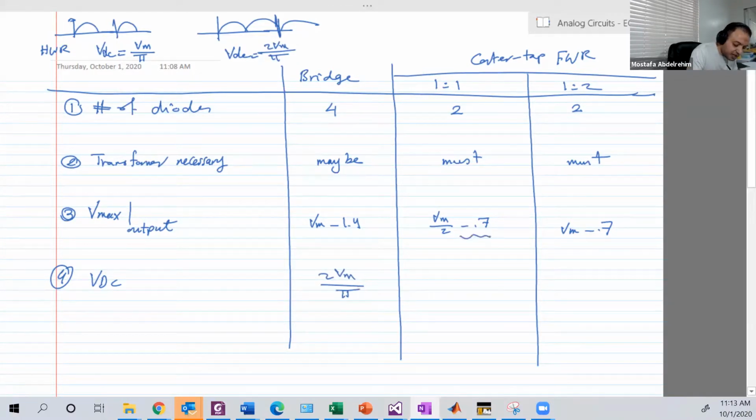Here, if we ignore the 0.7, it will be 2 times Vmax over 2 over pi, which is Vmax over pi, same as the half-wave rectifier. But this can be fixed now using the transformer, so this will be 2 Vmax over pi again, just like the bridge.